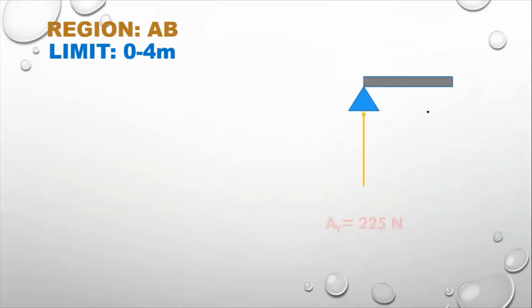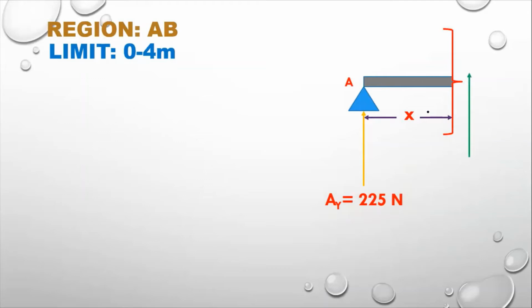There is a support reaction over it of 225 Newton, and we don't know the length where we have cut the section, so we will assume it x. So this is A, and this is the section cut, and there is a sum of shear force V. We represent shear force with V, and M will represent bending moment over here.